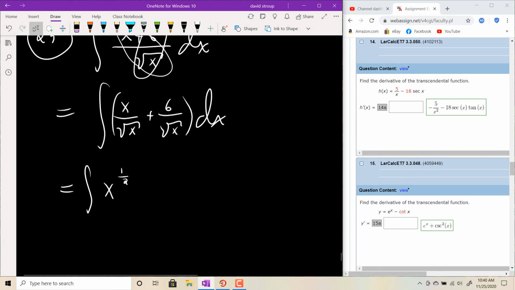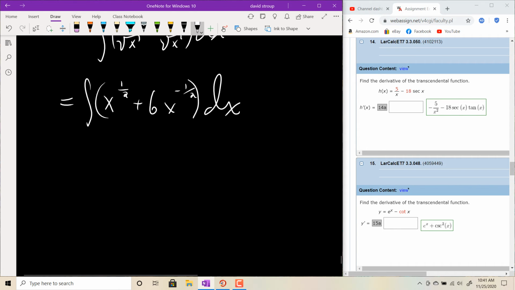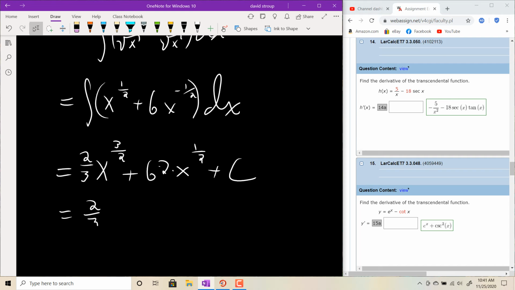That'll be x to the 1/2 plus 6x to the negative 1/2 dx. And then that'll be x to the 1/2 plus 2/2 is 3/2 times 2/3, plus 6x to the now 1/2 times 2, plus c. And that would be 2/3 x to the 3/2 plus 12x to the 1/2 plus c. Okay.